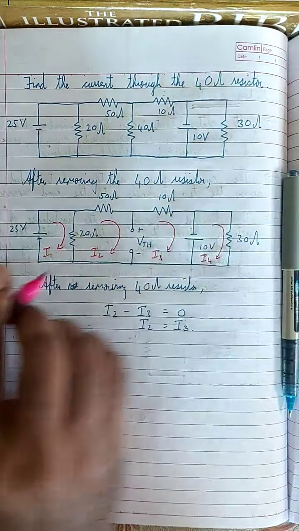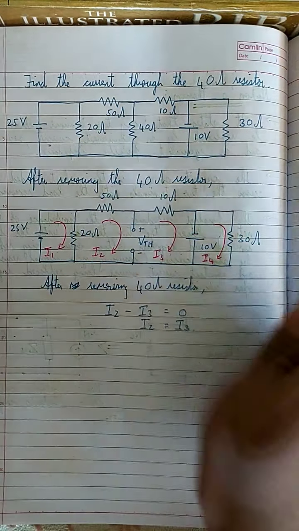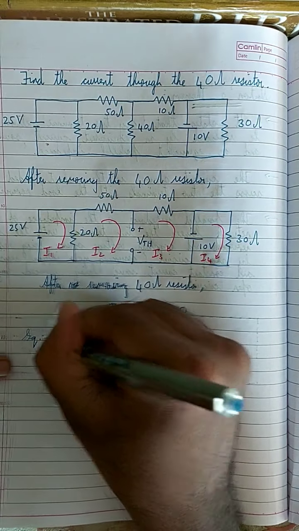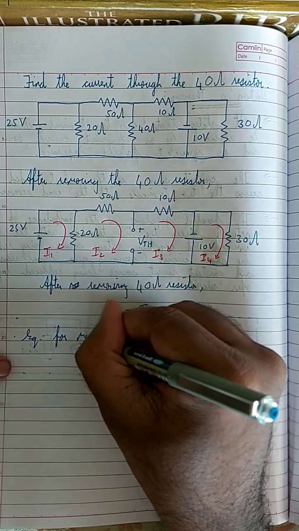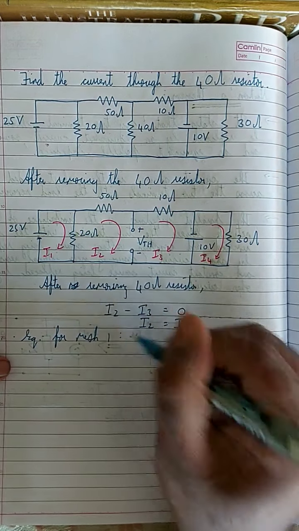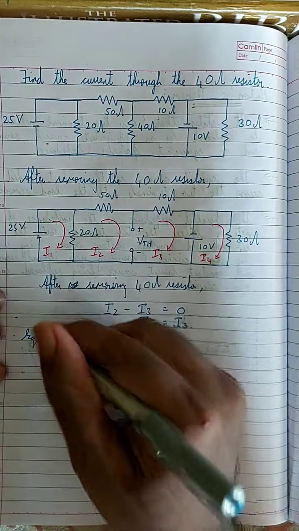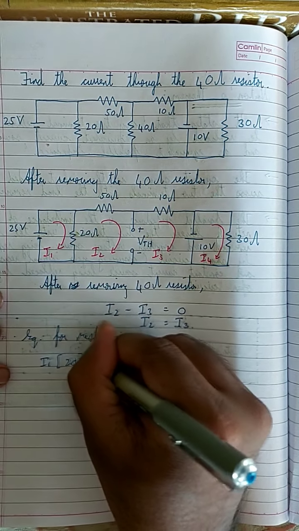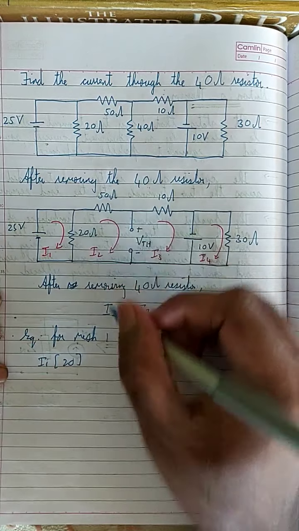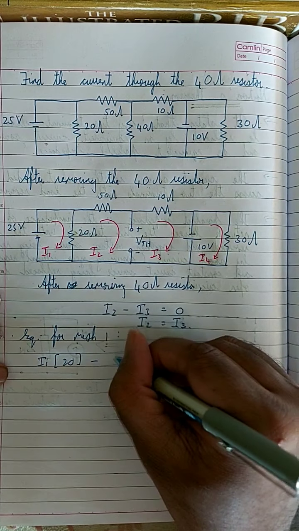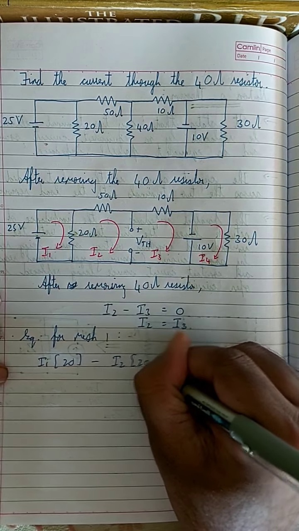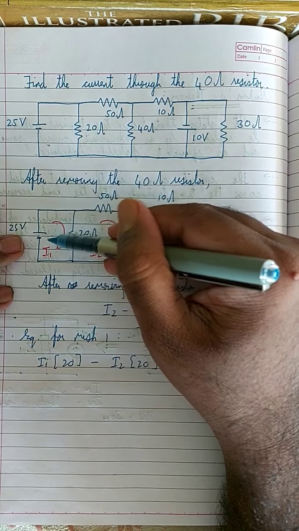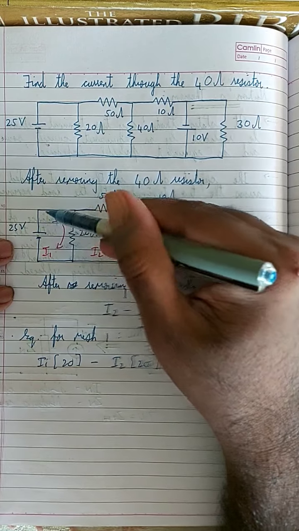Okay, so let me write the equation for mesh 1. We have I1 into 20, and then we have minus I2 into 20, is equal to 25, because this I1 is coming out from the positive terminal.